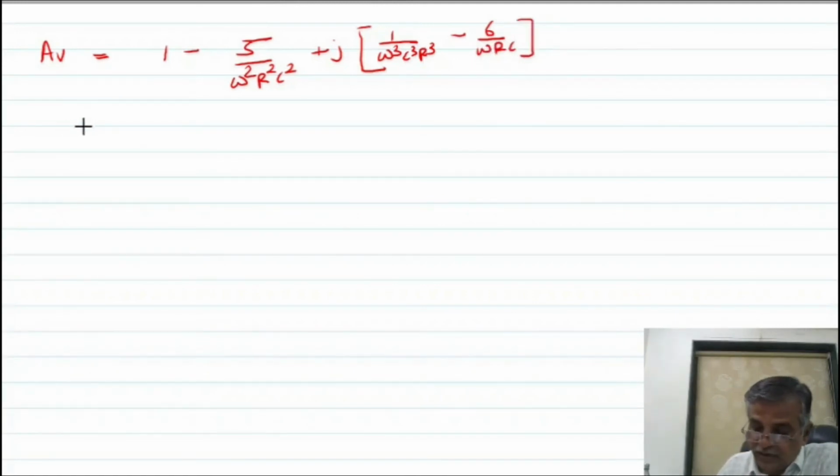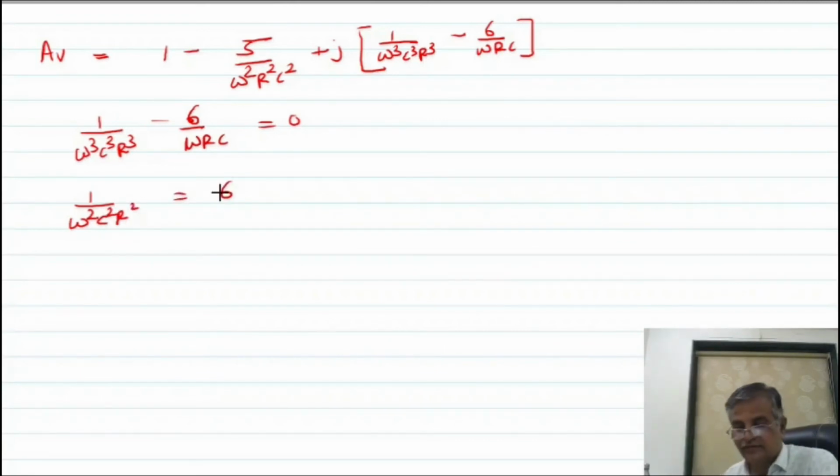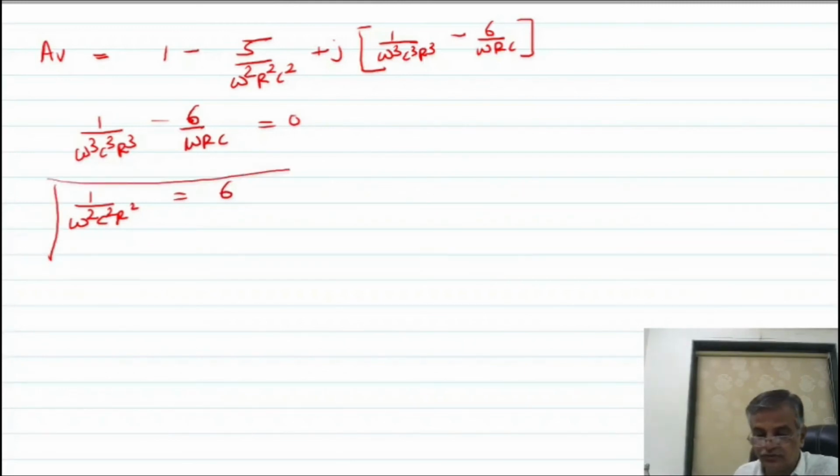So the imaginary part should be 0, which means this part should be 0. If this is 0, you can write 1 upon omega square c square r square is equal to 6. We will use this, remember.